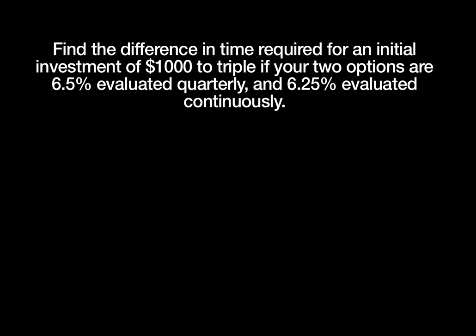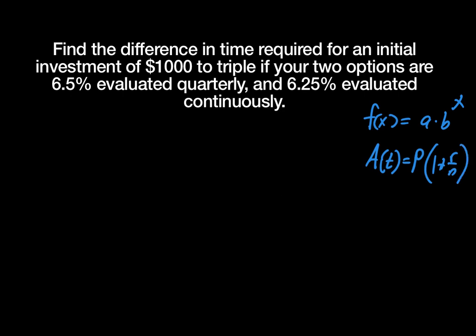So exponential form, generically speaking, f of x equals a times b to the x. That's just the most basic way of writing an exponential function. Within that, we've done problems like this one, where the amount that you have after a certain amount of time is equal to the principal times 1 plus r over n, where n is how many times you're working with your function.